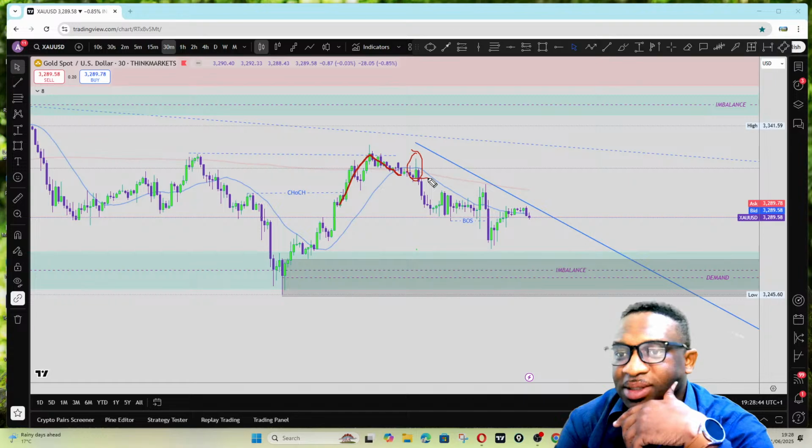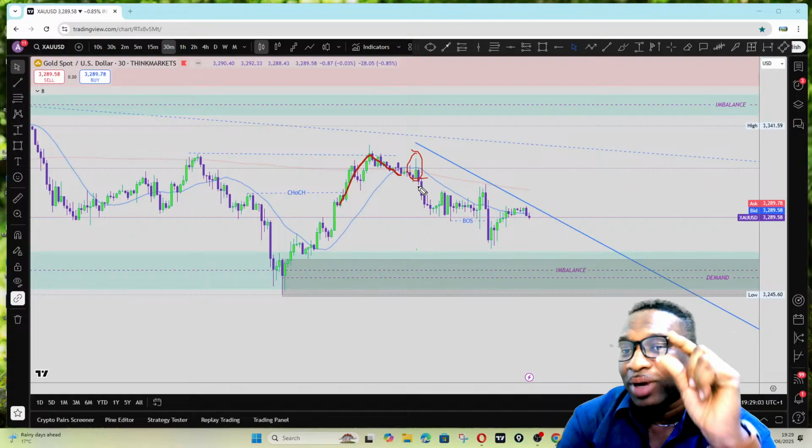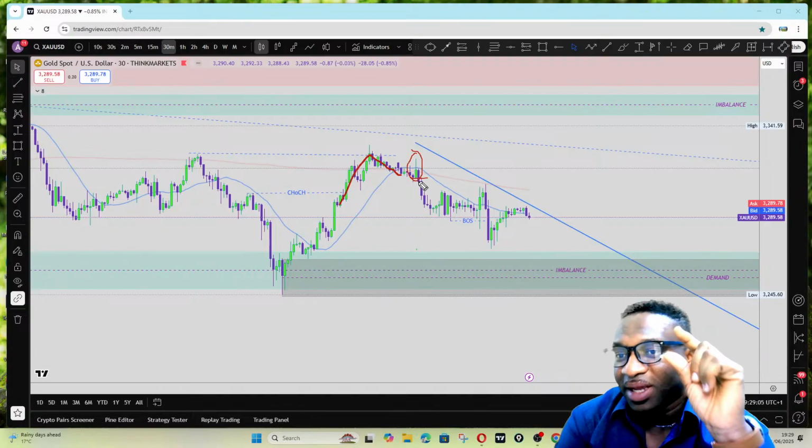This is an entry for the downside. This is an entry right there. So all you're looking out for is situations where price is trading below the 20 moving average, and then you look for a specific event to happen, and then you get into the trade.